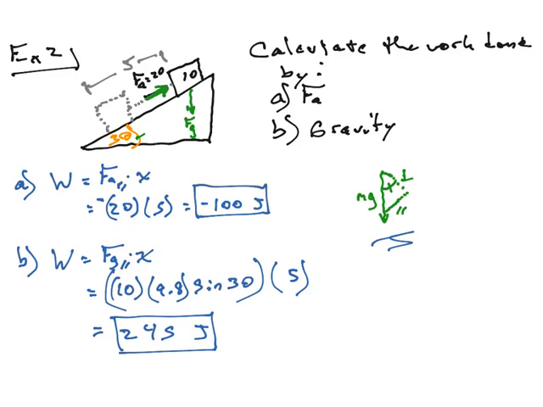Again, it's not, oh, the force is to the left, so the work is negative. That's not how it works. It's all about if the force and the distance are pointing in the same direction, then it's positive. Whether it's left or right doesn't matter, as long as it's the same. And if they point in opposite directions, then it's negative. So if one is pointing to the left, the other is pointing to the right, that's negative.